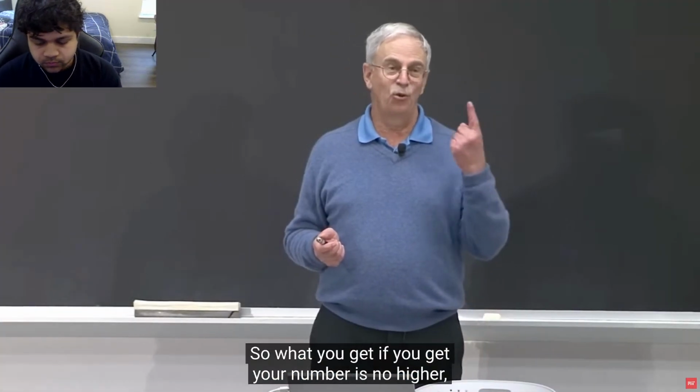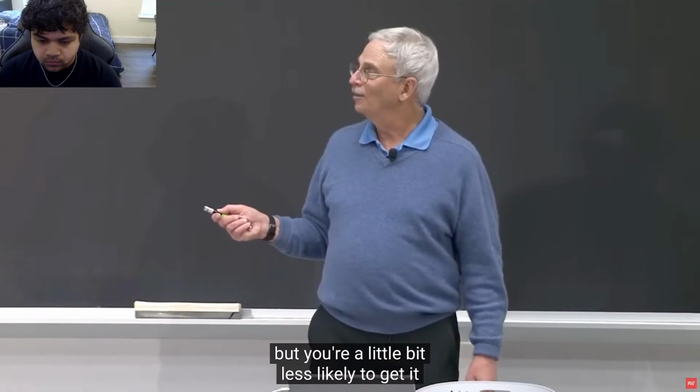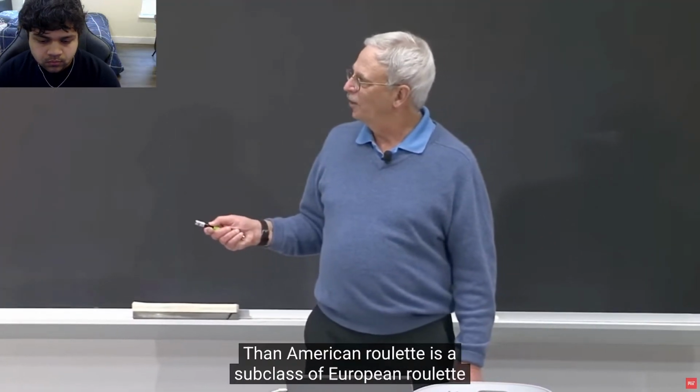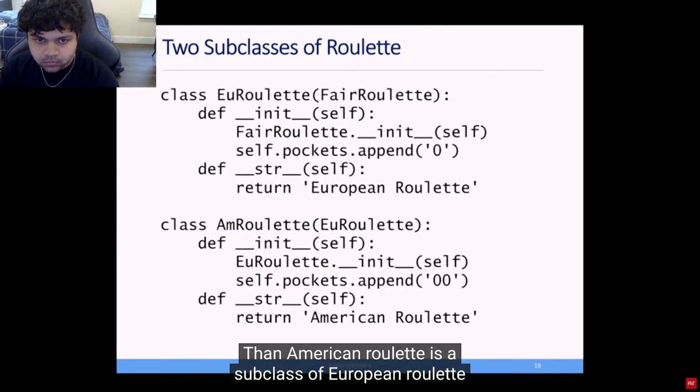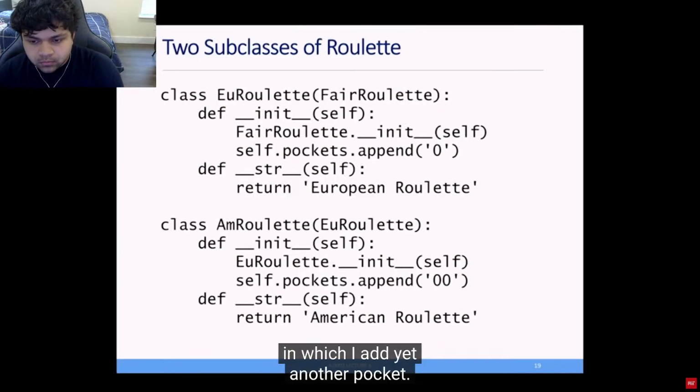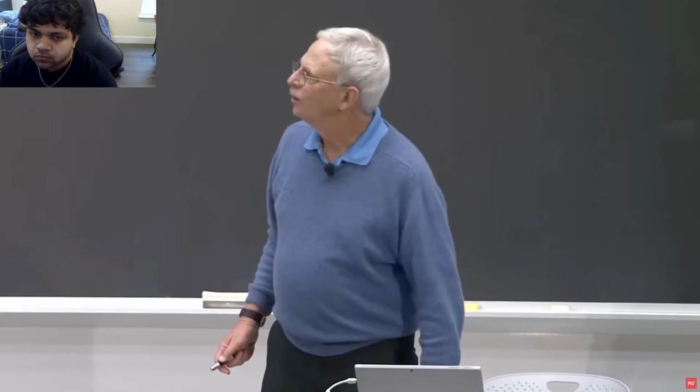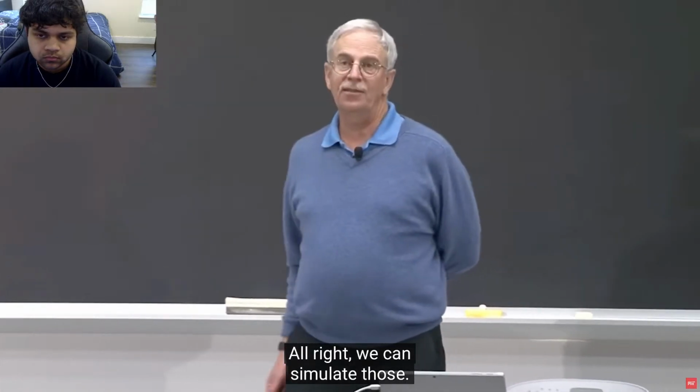So what you get if you get your number is no higher, but you're a little bit less likely to get it because we snuck in that 0. Then American roulette is a subclass of European roulette in which I add yet another pocket. All right, we can simulate those.